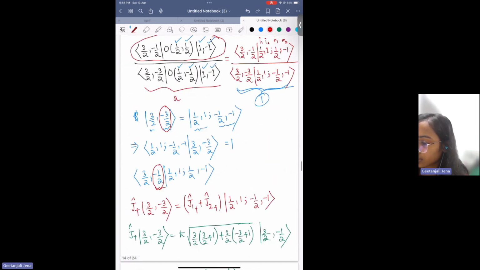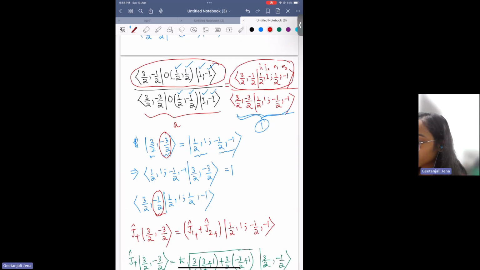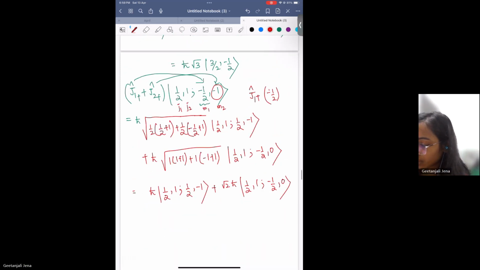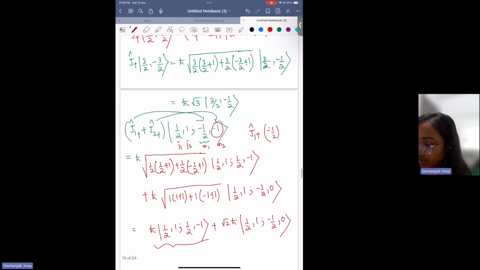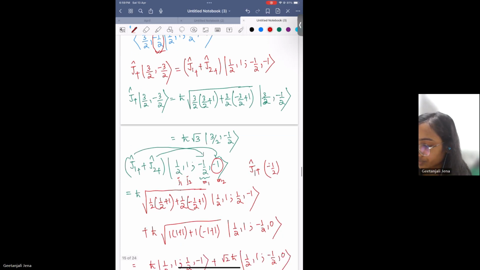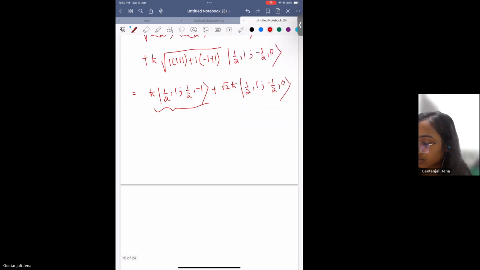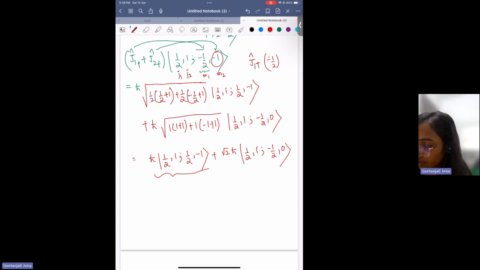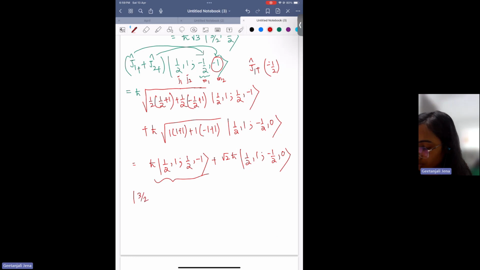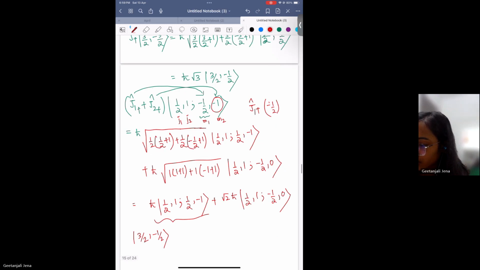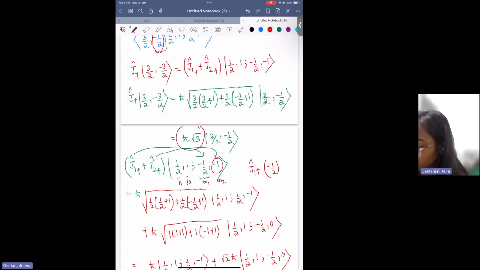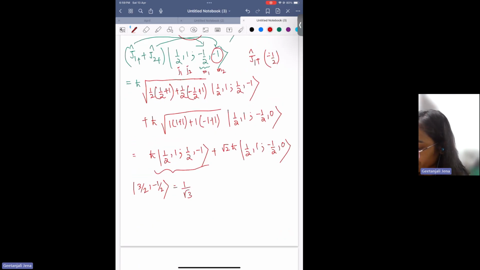But for the numerator, we just have to calculate the inner product of 3 by 2 half minus half with half 1 half minus 1. Let me write down explicitly what we get. We get 3 by 2 minus half, and since √3 ħ is here, it will go to the right hand side and become 1 by √3 half 1 half minus 1 plus √(2/3) half 1 minus half 0.